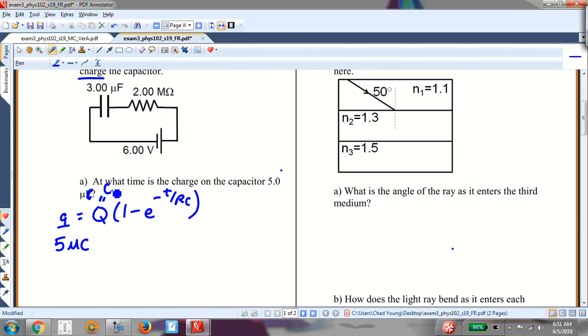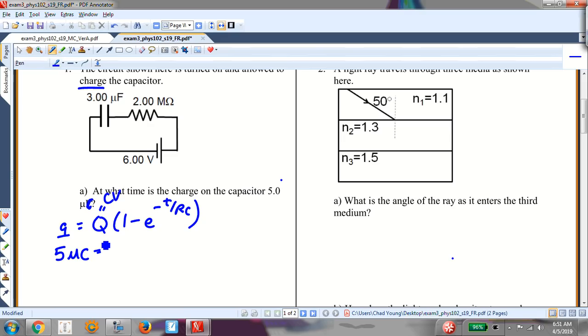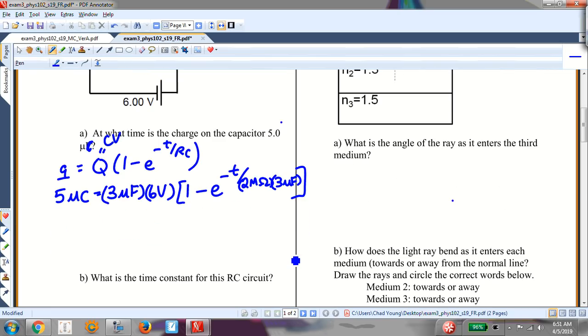This big Q right here is equal to CV, and so that's going to be 3 microfarads times V, which is 6 volts, times 1 minus e to the minus t over R, which is 2 mega ohms, times C, which is 3 microfarads. And so that gives me 5 over 18 equals 1 minus e to the minus t over 6.